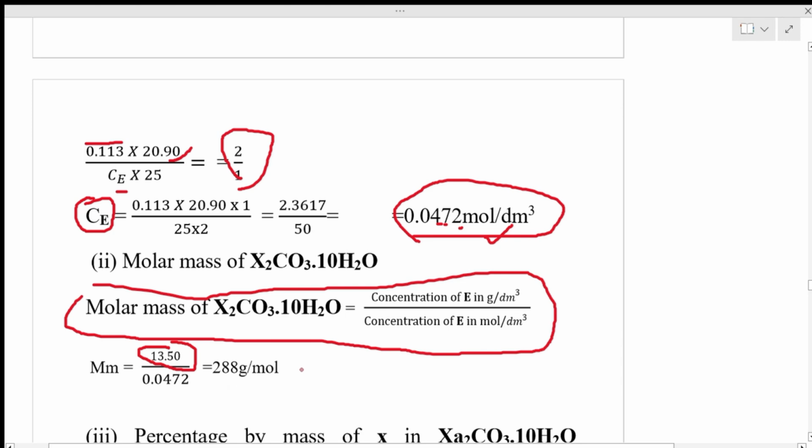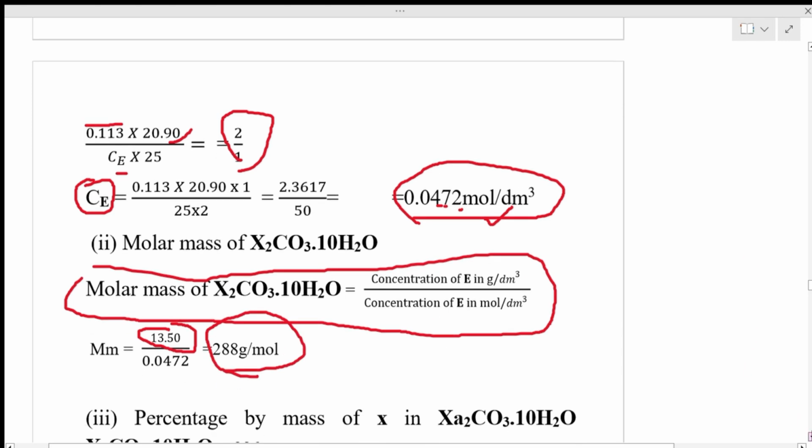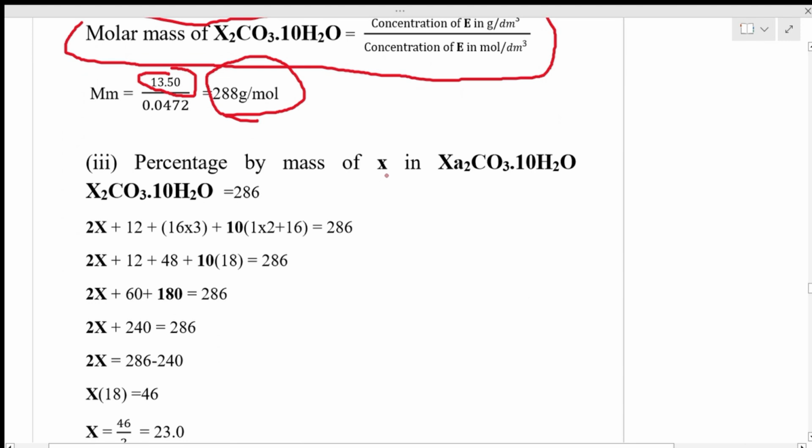So we have this as our molar mass. Now we have to calculate the percentage of X in this X2CO3. What's the percentage of X now? We equate the hydrated salt to our molar mass, 286.